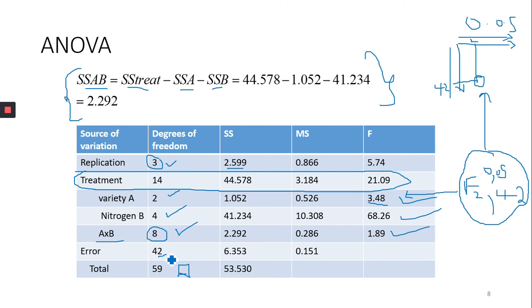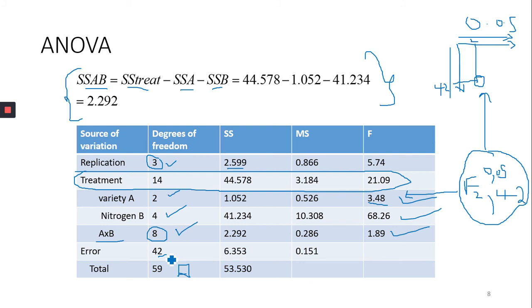For the interaction, H0 is that the interaction is the same across levels, versus there is one interaction level which is different. Also, nitrogen levels produce similar yield across, versus there is at least one nitrogen level which is different from the rest. Varieties are the same, that is our H0.